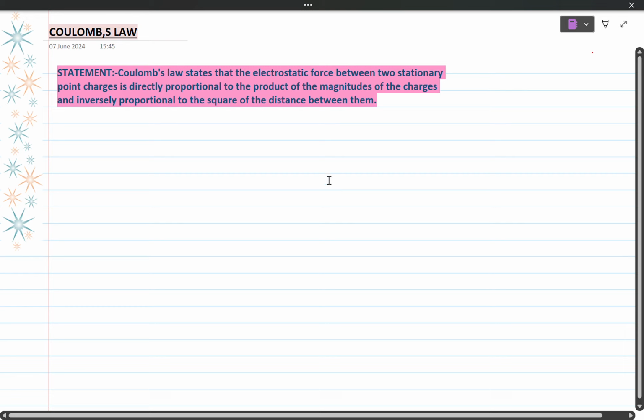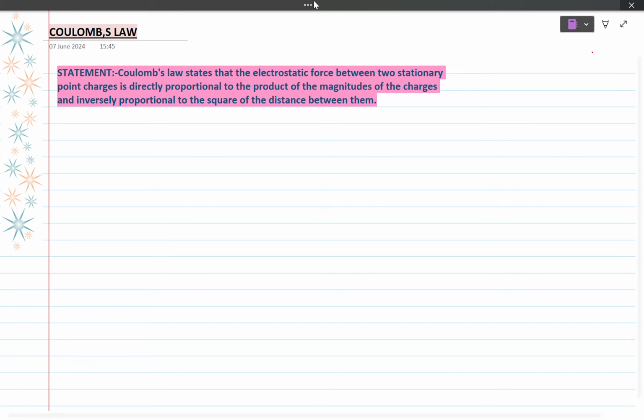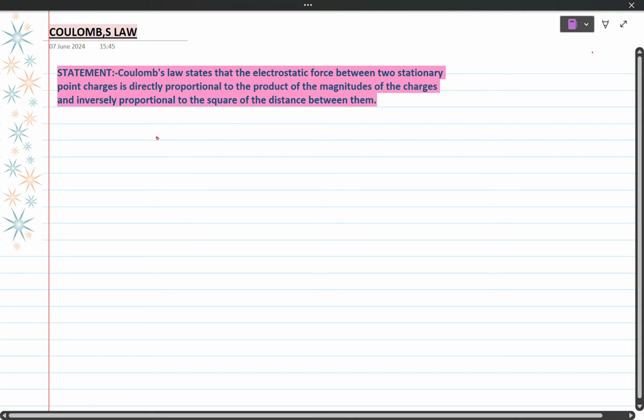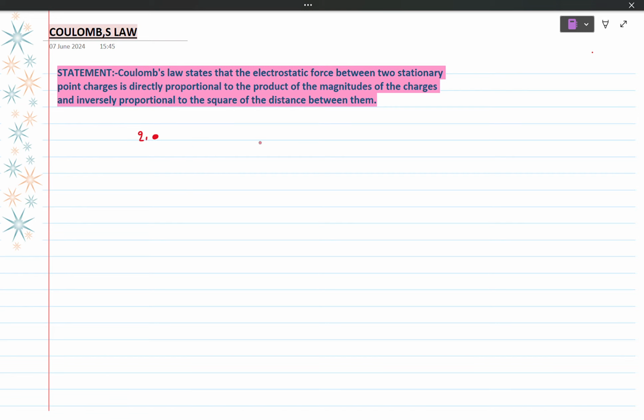So I will draw a picture that will help you understand this law better. First, let me consider two charges. This charge we can consider as Q1 and the second charge as Q2.